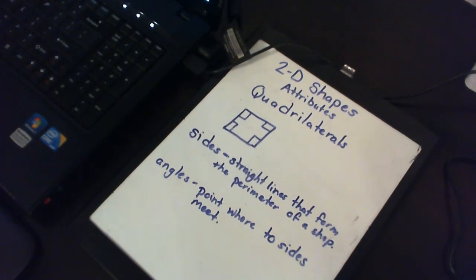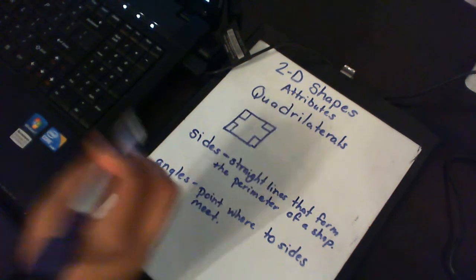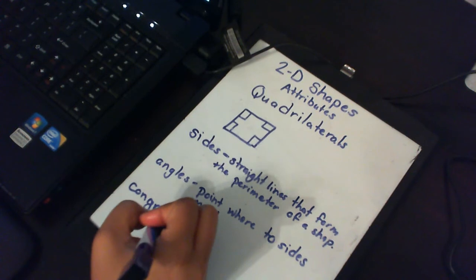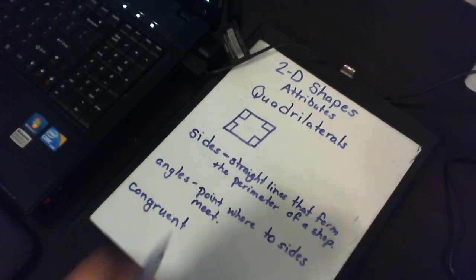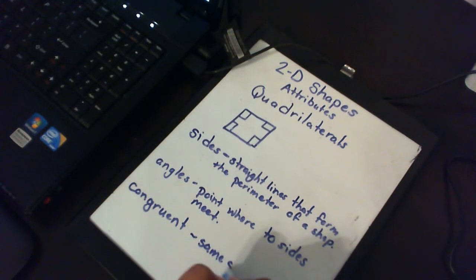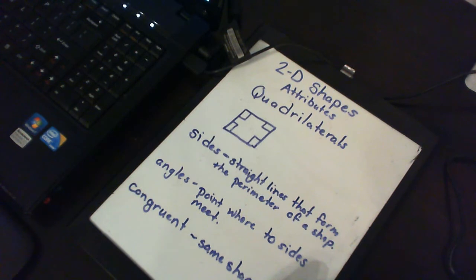So, now that we know the difference between angles and sides, we need to know a word called congruent. Congruent just means same shape, same size.